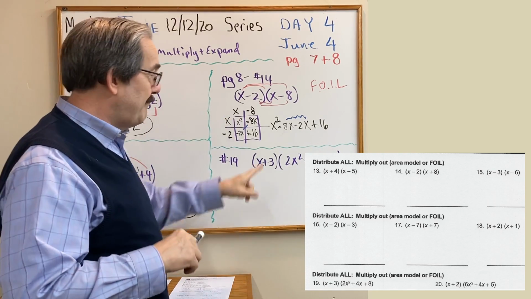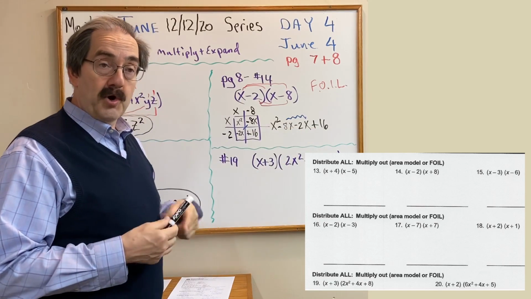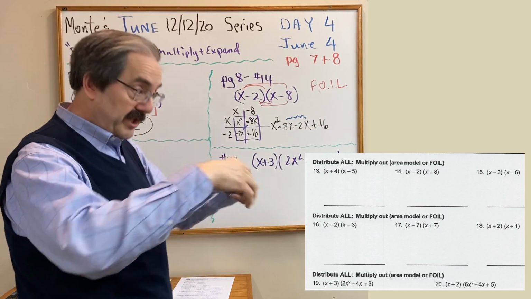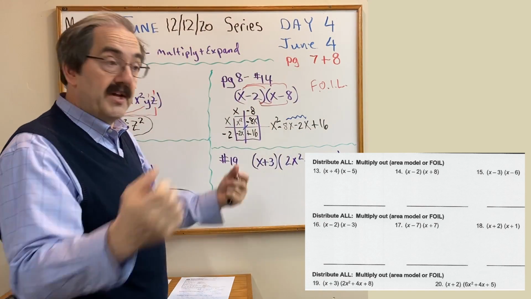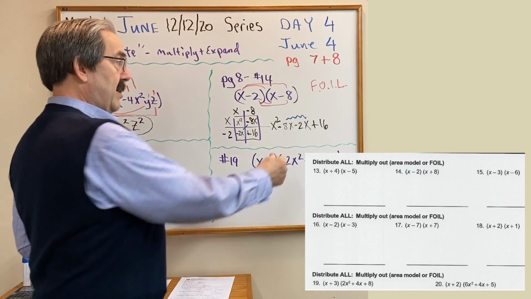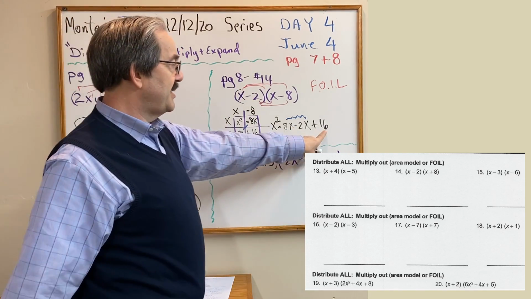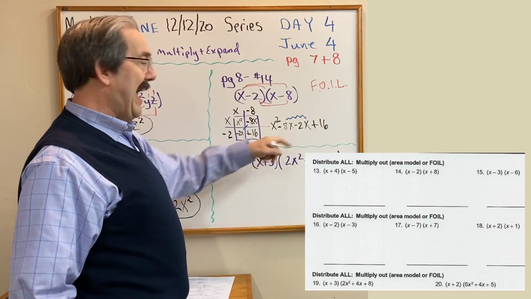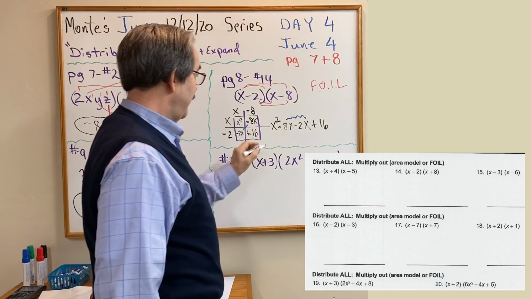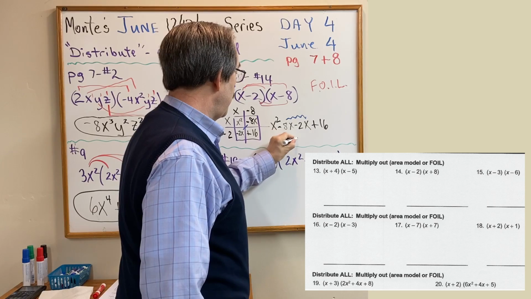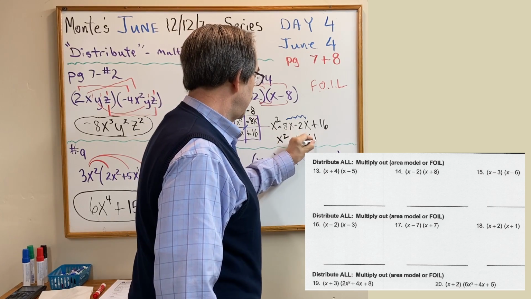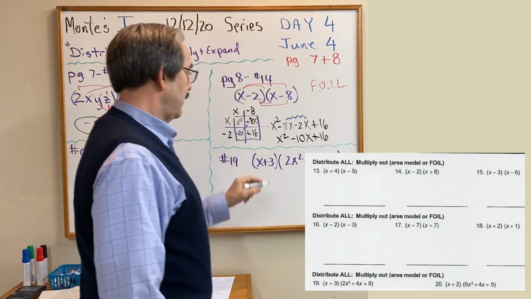Then the neat thing about understanding this middle term is that's one of the strategies for factoring, splitting the middle term. You remember the idea of two numbers that multiply to 16 and add to negative 10? x squared minus 10x plus 16.